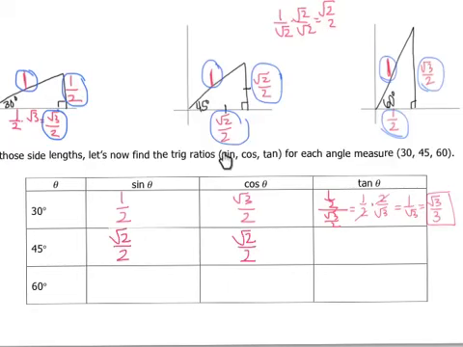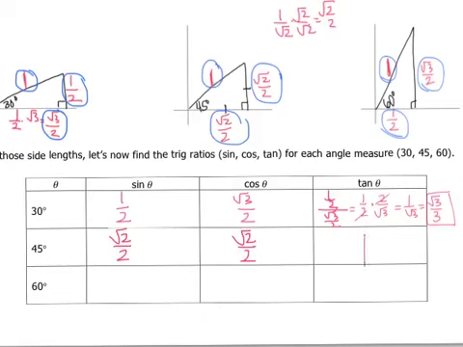That's our adjacent side over the hypotenuse. What about tangent? Think about this. Opposite over adjacent. One thing divided by itself is 1.